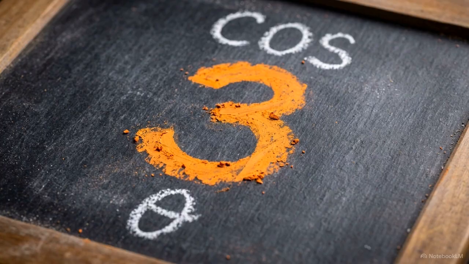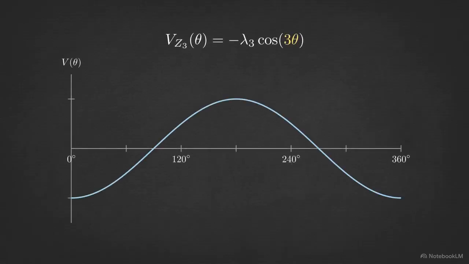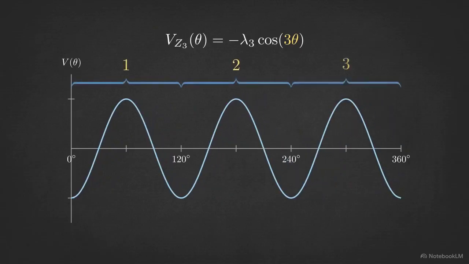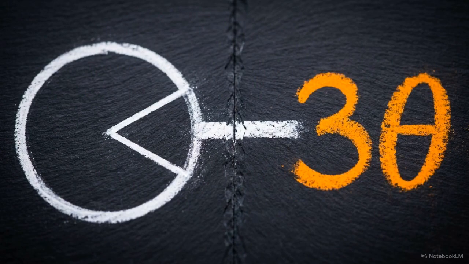This multiplier of 3 functions as the architectural linchpin of the entire equation. The factor of 3 theta compresses the standard cosine wave, forcing it to repeat its cycle 3 times within a single 360-degree rotation. The 120-degree geometric shift and the mathematical 3 theta multiplier are now formally linked.